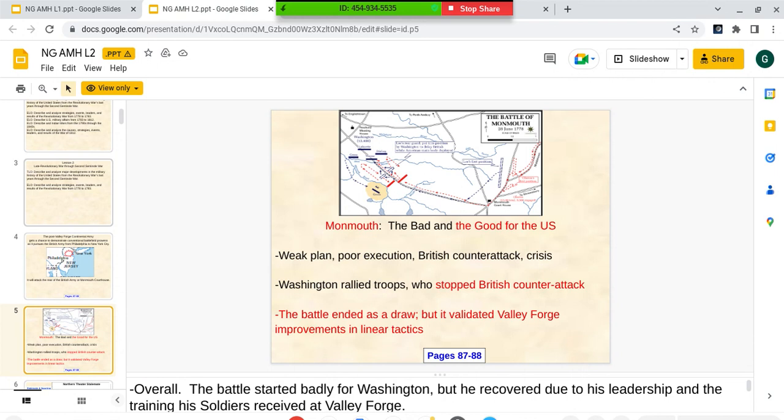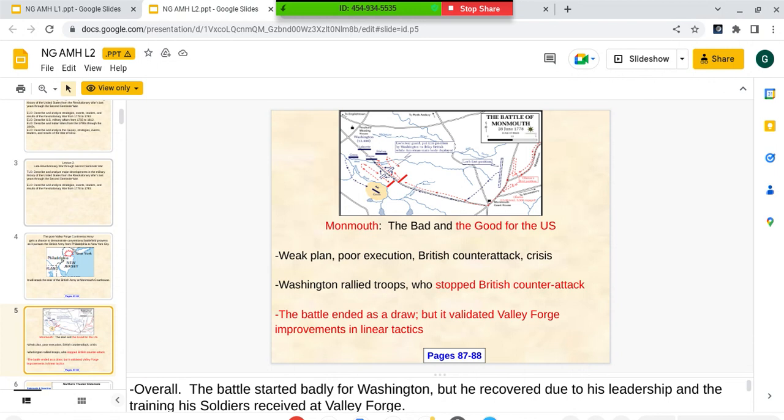Washington rallied troops. They stopped the British counterattack, and the battle ended up as a draw, but it validated Valley Forge improvements in linear tactics. So we talked about how at Valley Forge, when Willem von Steuben came and trained Washington's people, he taught them how to fight the way the British do, how to fight in linear tactics.